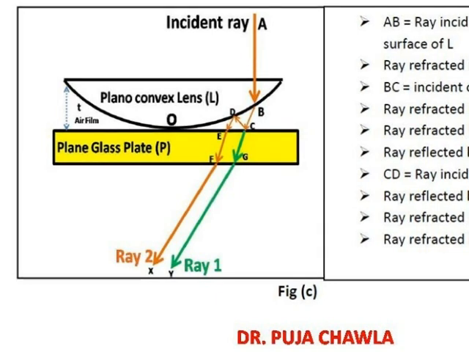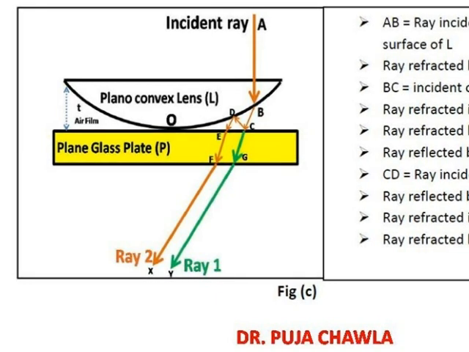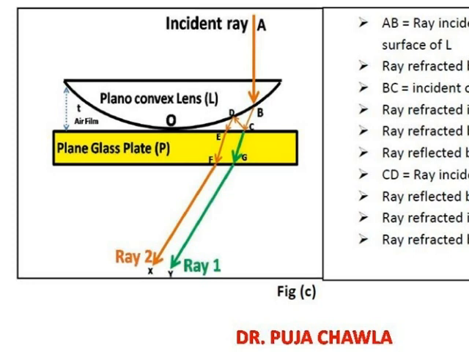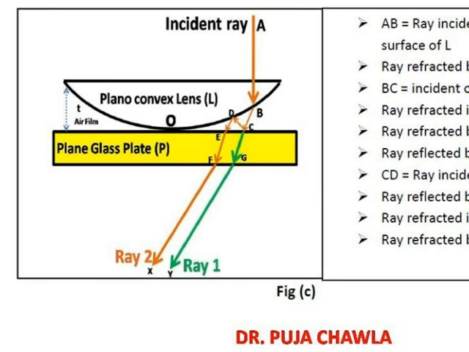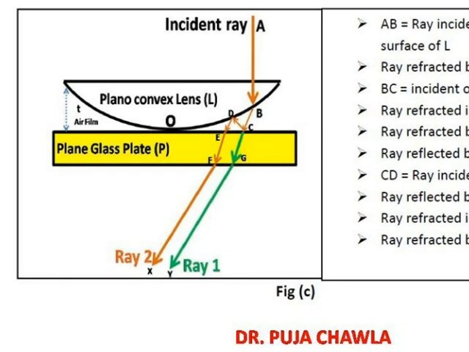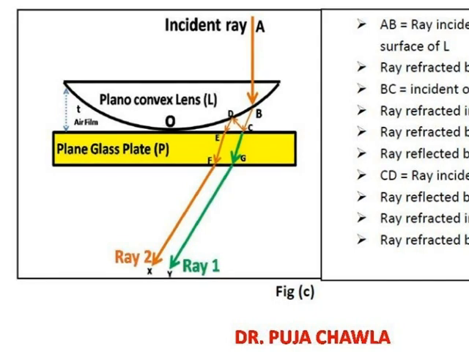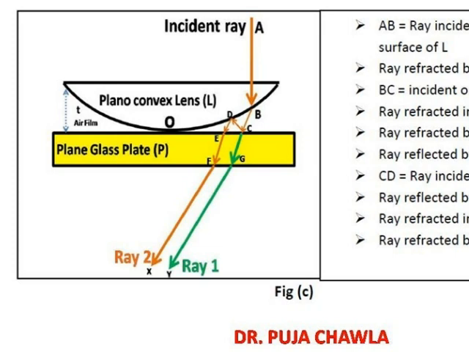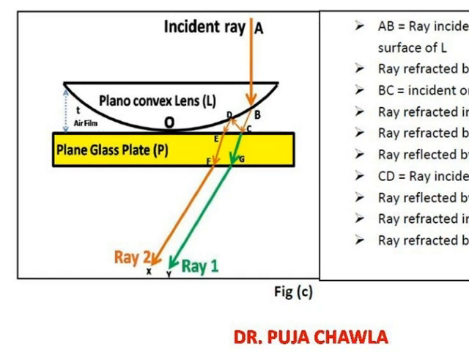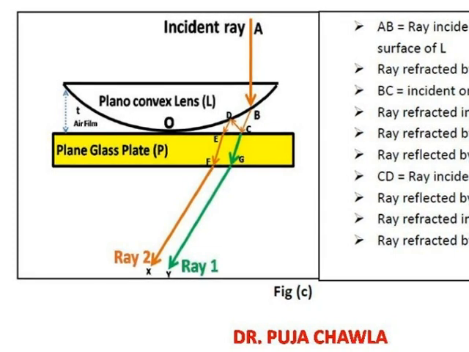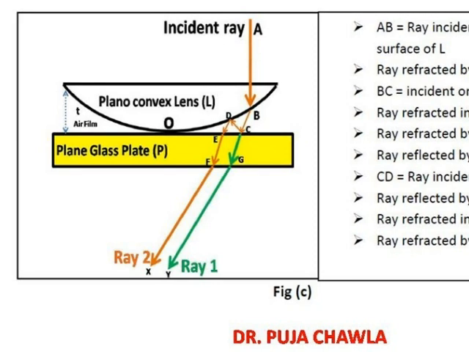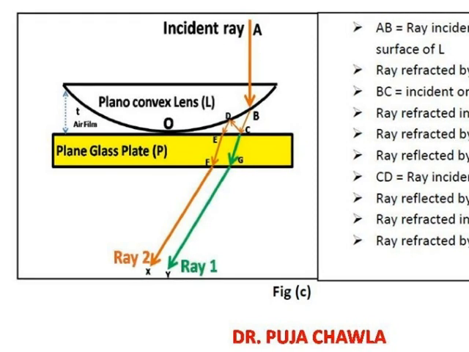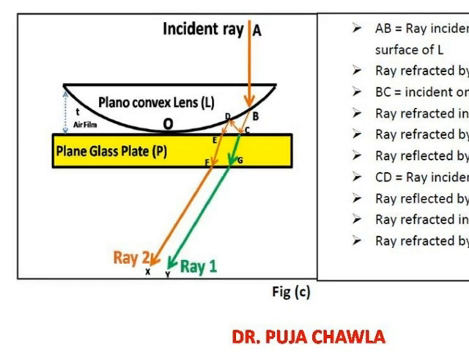Now focus on this figure. I have a plano-convex lens L placed over a glass plate P. The space in between is filled with an air film whose thickness is considered to be small t. Now incident ray AB is incident on the lower curved surface of the plano-convex lens.